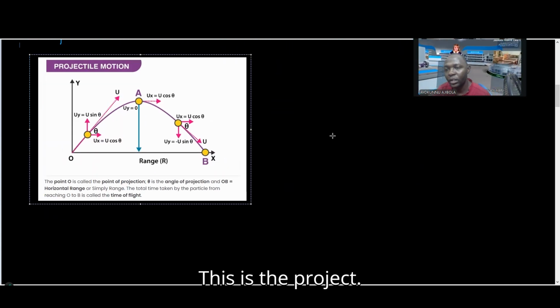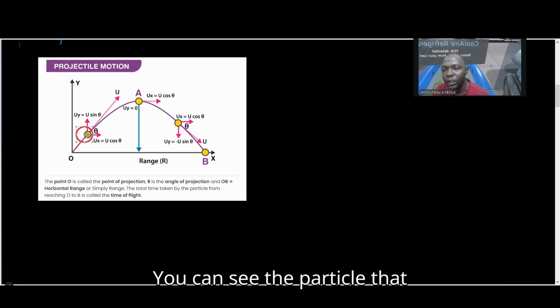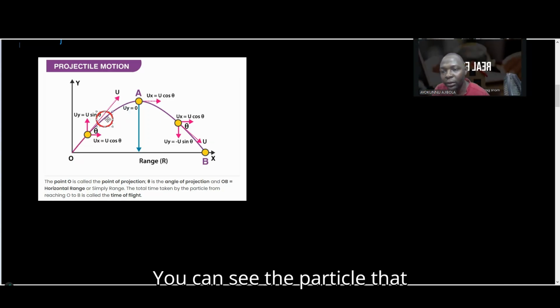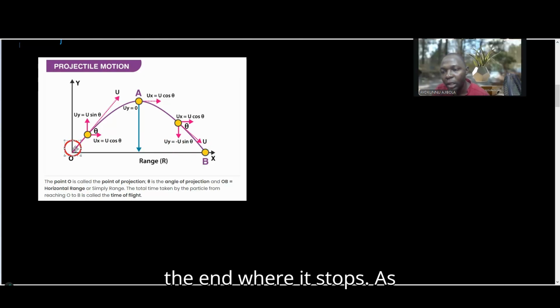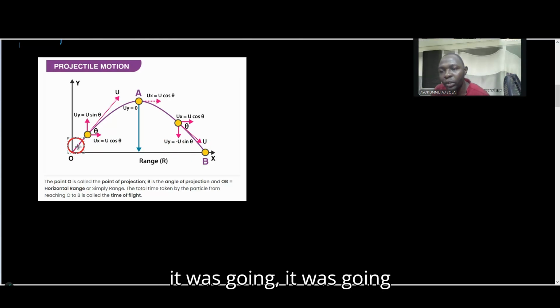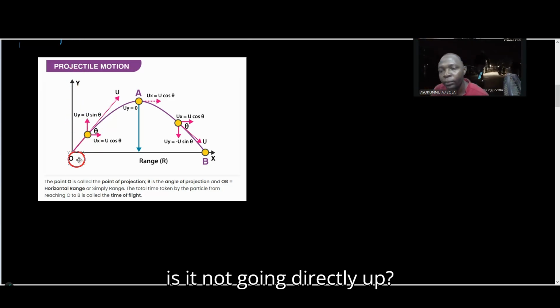Now, sir, this is a projectile motion. Look at this carefully. This is the starting point of this projection. You can see the particle that is being projected. It moves to the end where it stops. As it was going up, but not directly up. Why is it not going directly up?